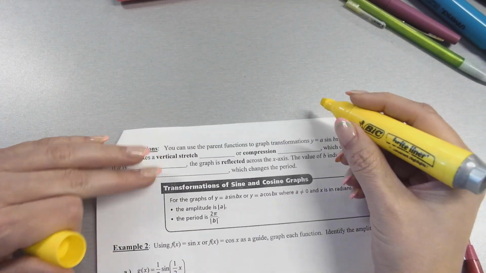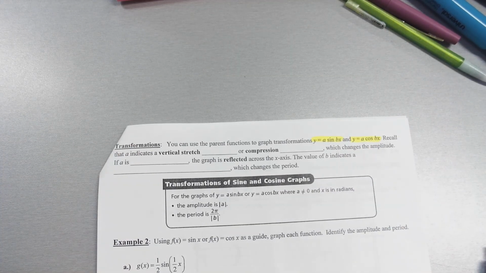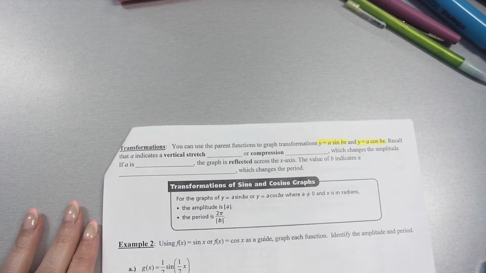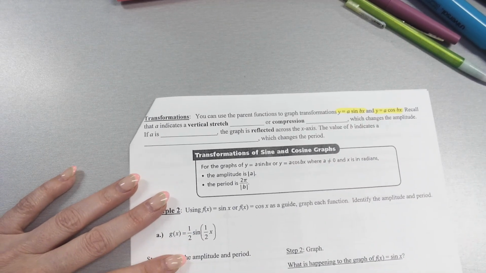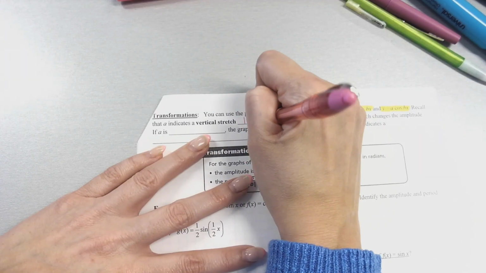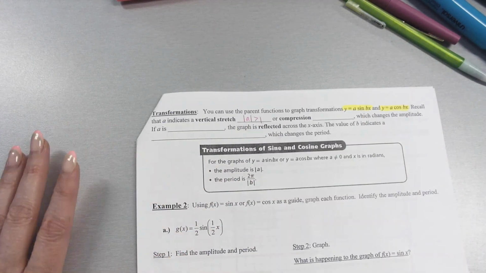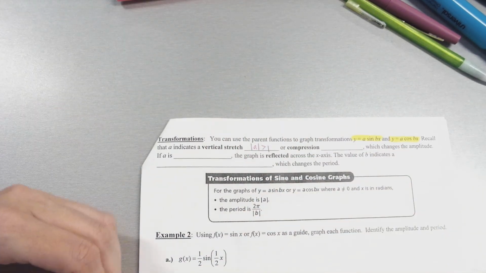So if y is equal to a sine of bx or a cosine of bx, remember that when you have something multiplied in front, this produces what's called a vertical stretch. If the a value is greater than 1, that means it stretches the graph vertically, like up and down, you're pulling it apart.